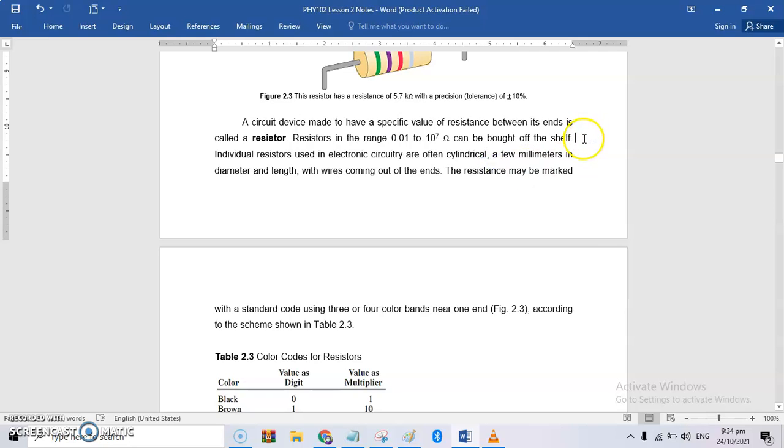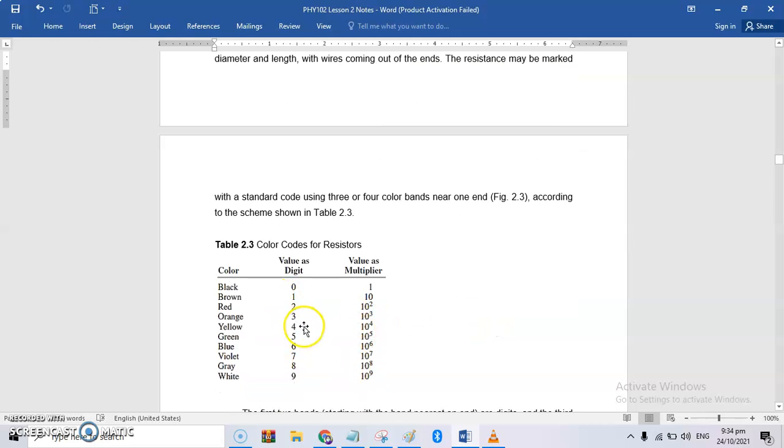For example, sa mga electric shop. Individual resistors used in electronic circuitry are often cylindrical, a few millimeters in diameter and length, with wires coming out of the ends, and the resistance may be marked with a standard code using 3 or 4 color bands near one end, according to the scheme shown in table 2.3.